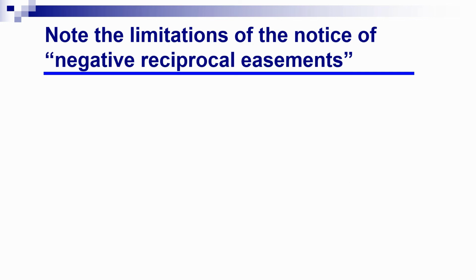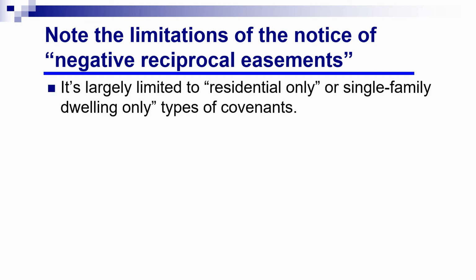Now, this idea that one can look at the subdivision as built and get notice of the reciprocal negative easements or implied covenants has some very serious limitations built into it. It mainly works with the covenant that we started with, that is one that says residential only or single-family dwelling only, that type of covenant.